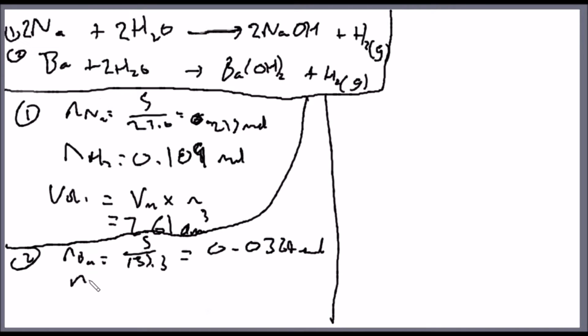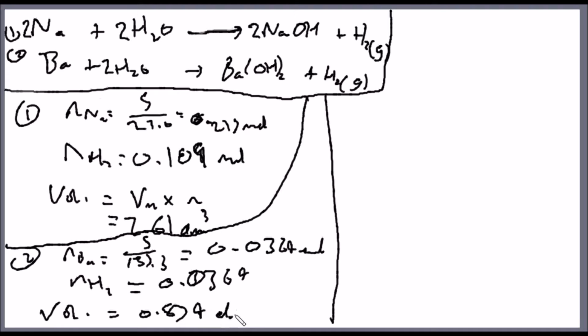N of H2 is 1-to-1 this time, which also equals 0.0364, and the volume equals this times by 24, which is 0.874 decimeters cubed.